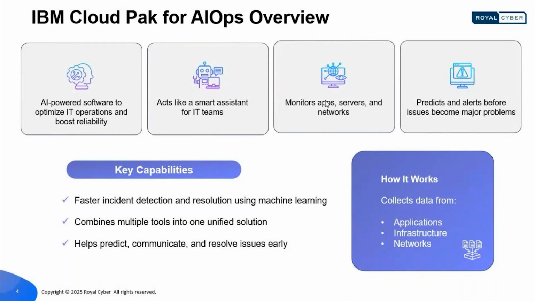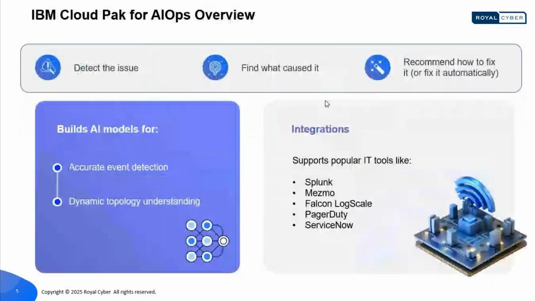How it works: it actually collects the data from your applications, your infrastructure, your networks, all the metrics, traces, logs, everything it collects at the source, the data source, and based on that information, AIOps can perform different operations. This is the flow.